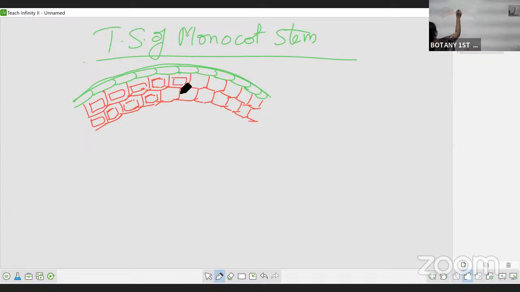Hypodermis. Sclerenchymatous cells. Now we have to draw one more inner layer also in it.